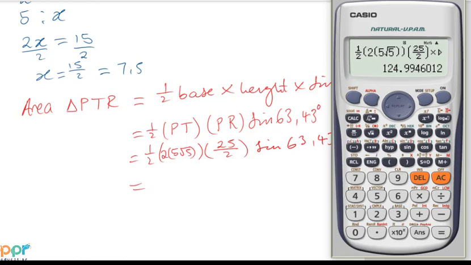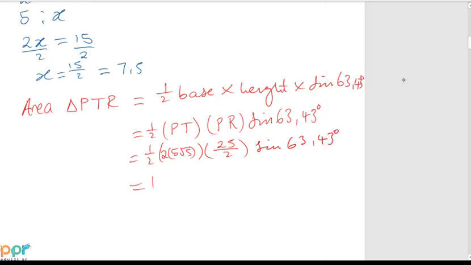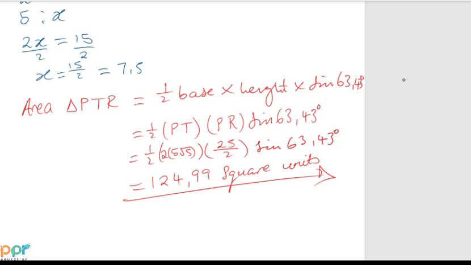So the answer is 124.99 square units. So my final answer is 124.99 square units. So yona area yako yale triangle ka PTR.